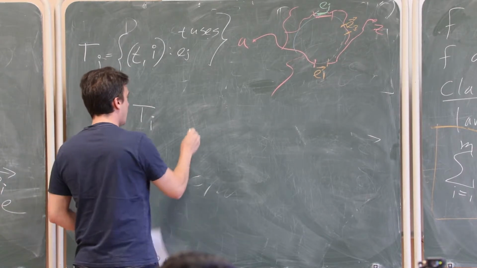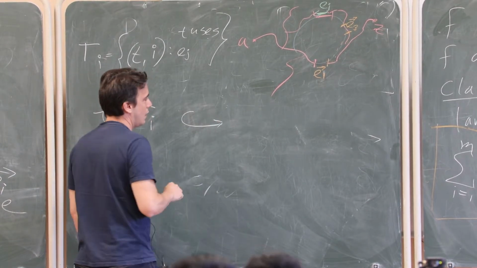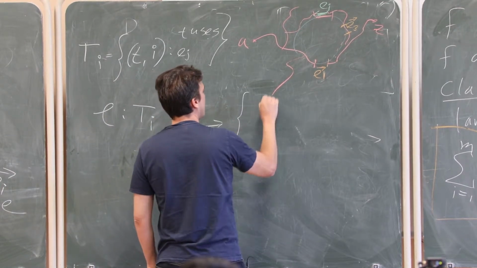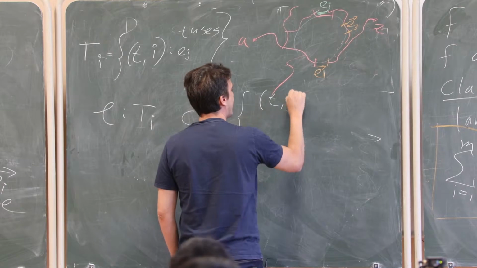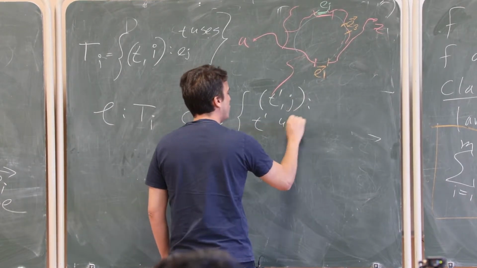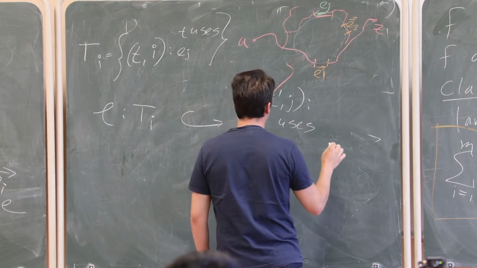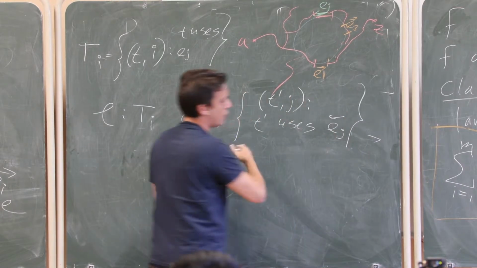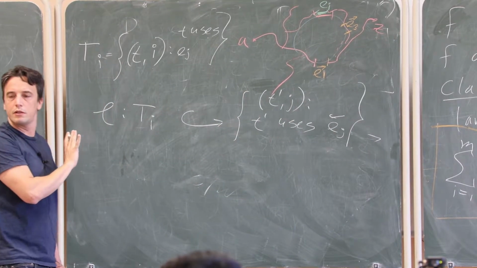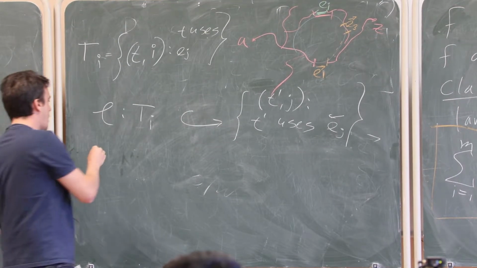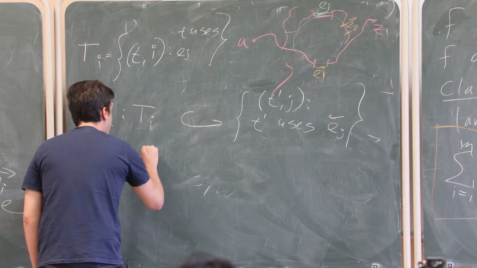To the set Tj, or let's call it T prime j, such that T prime uses EJ in the other direction. It's not onto, right? I didn't claim that it was onto, right? But all I'm claiming is that phi is injective.